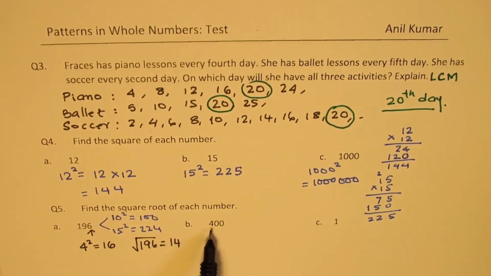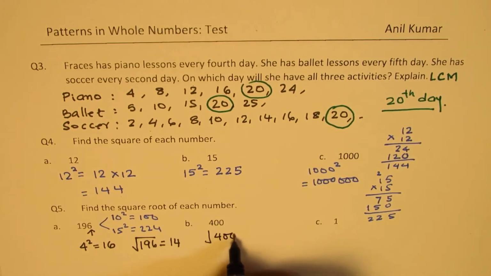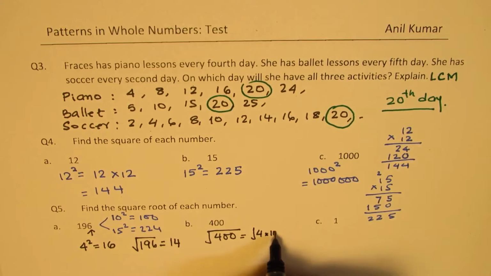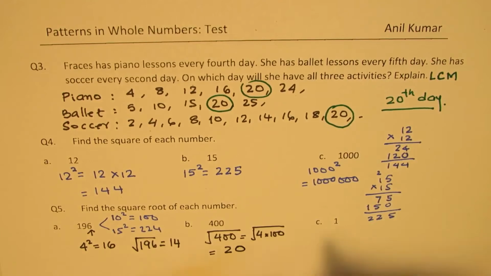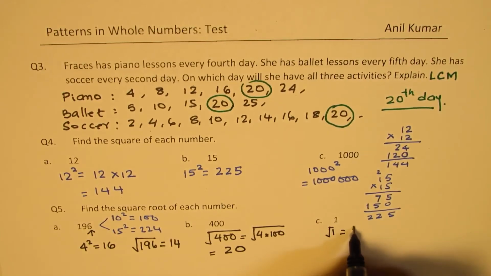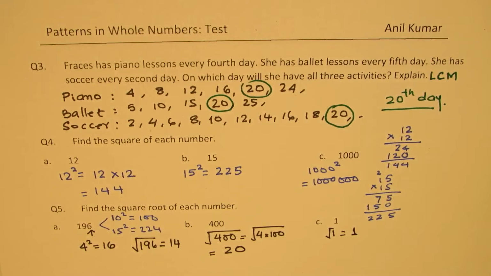Now let's find the square root of 400, right? So the square root of 400. You could write this as the square root of 4 times 100. The square root of 4 is 2 and the square root of 100 is 10. So we could write this as 20. The square root of 1 is the number 1 itself, right? We can also find square root using prime factorization, right?